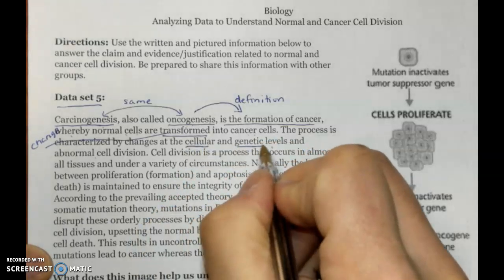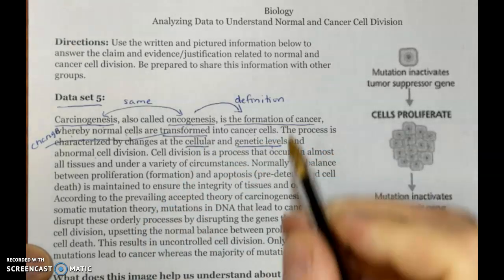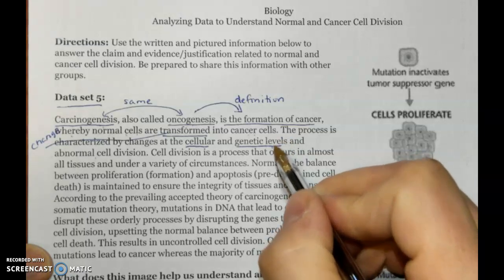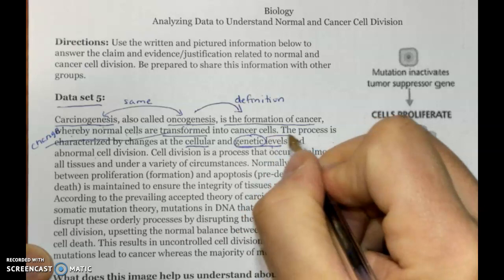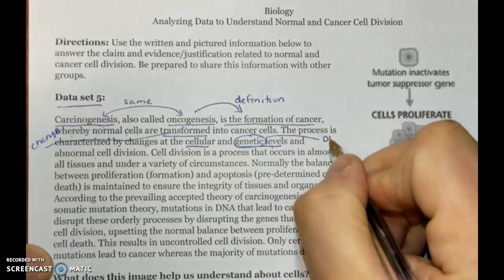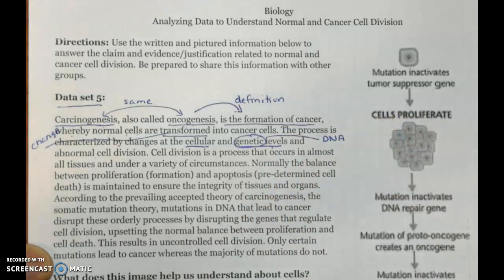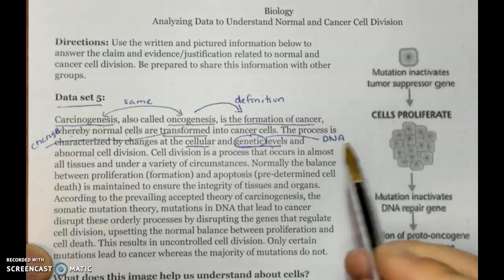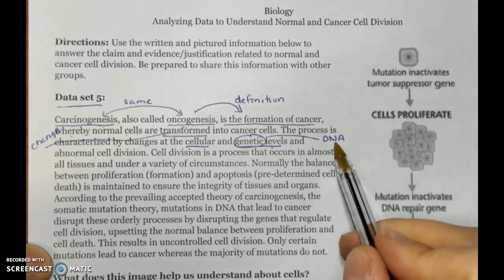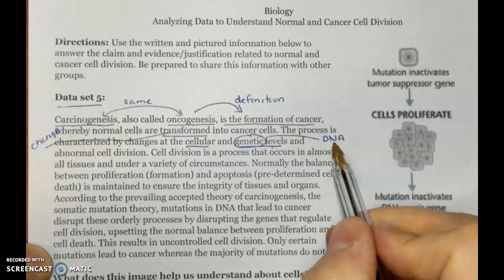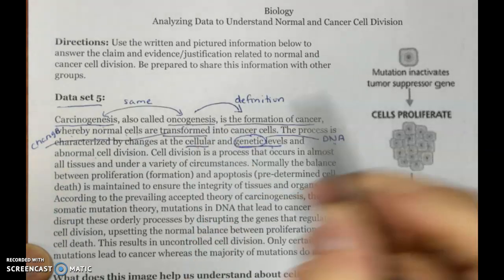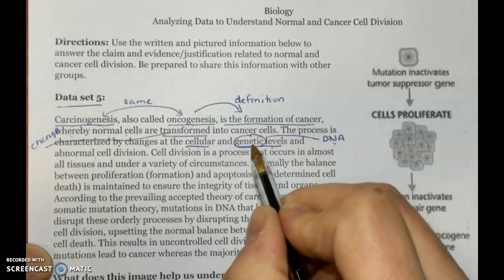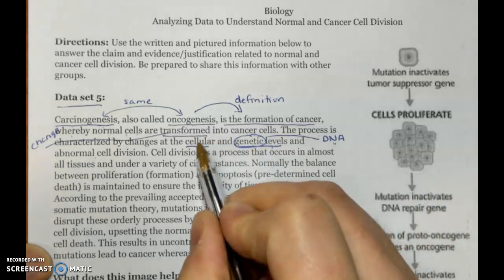Cellular and genetic levels. Whenever we hear the term genetic, we should be thinking of DNA. DNA controls everything about us, and DNA is located inside of cells. So if DNA changes, then cells change.